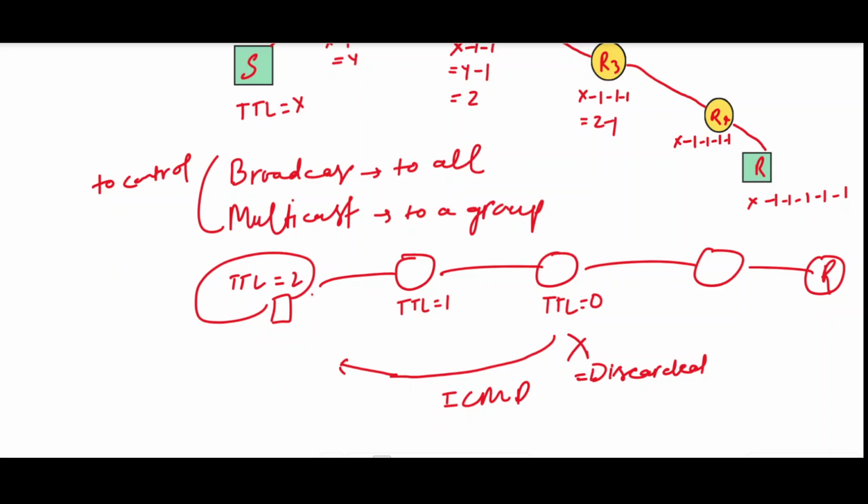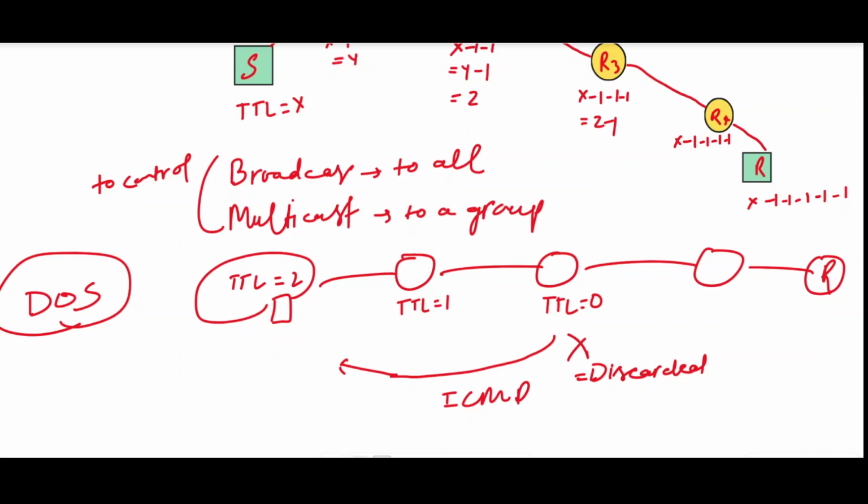Clear? The TTL field can be used to implement a variety of network security measures, such as against denial of service (DoS) attacks. So if you want to save your network from DoS attacks, then TTL will be very helpful.